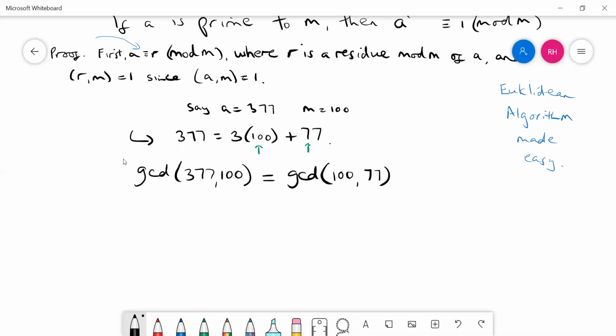This is basically what's going on up here.